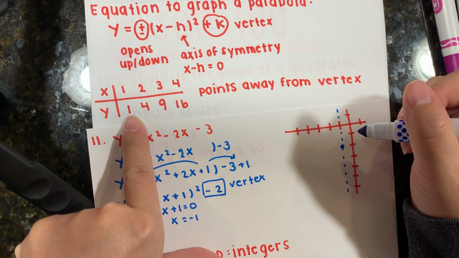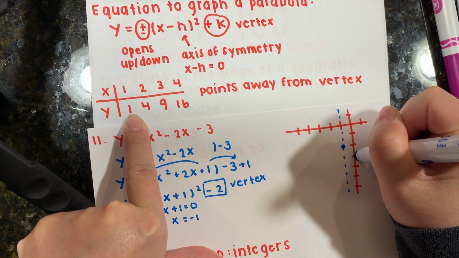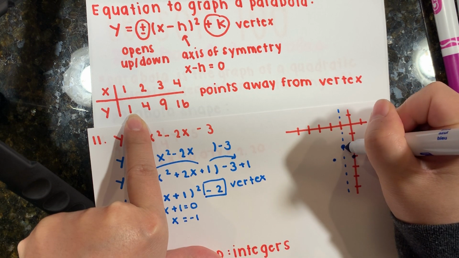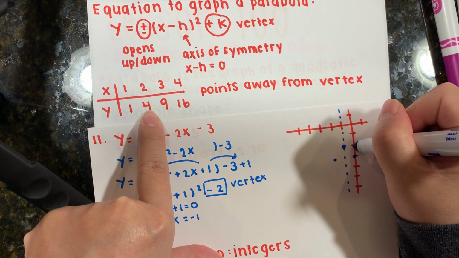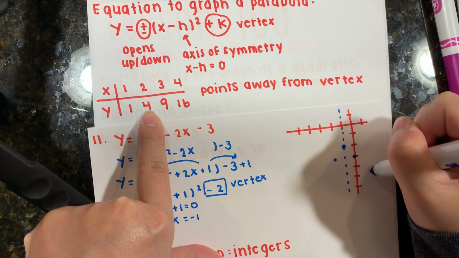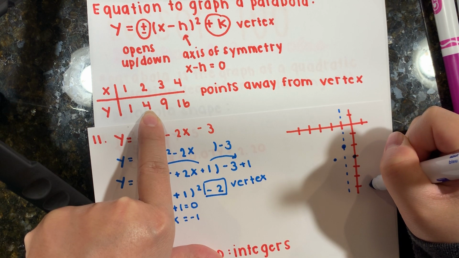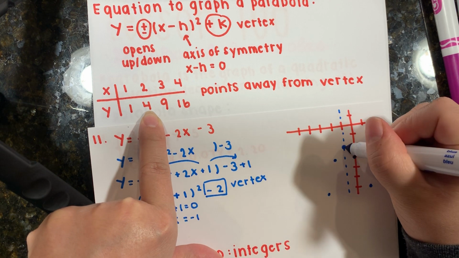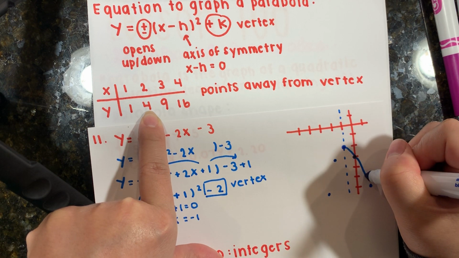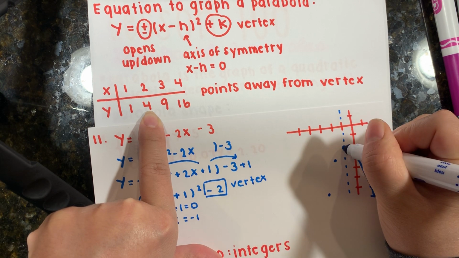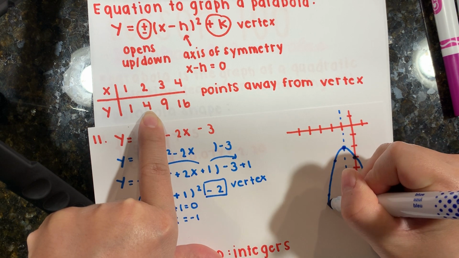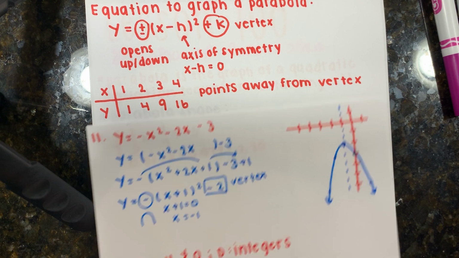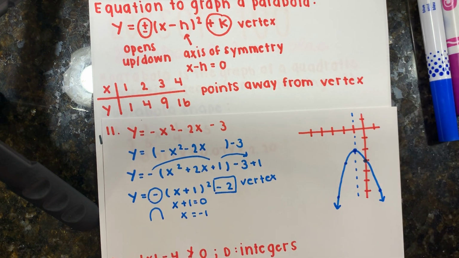Now to graph your points, you're going to go over 1, down 1 in either direction. Then the next point would be over 1, 2, down 1, 2, 3, 4. And this should be what your parabola would look like. It's going to open down because of the minus sign, axis of symmetry at negative 1, vertex at negative 2.